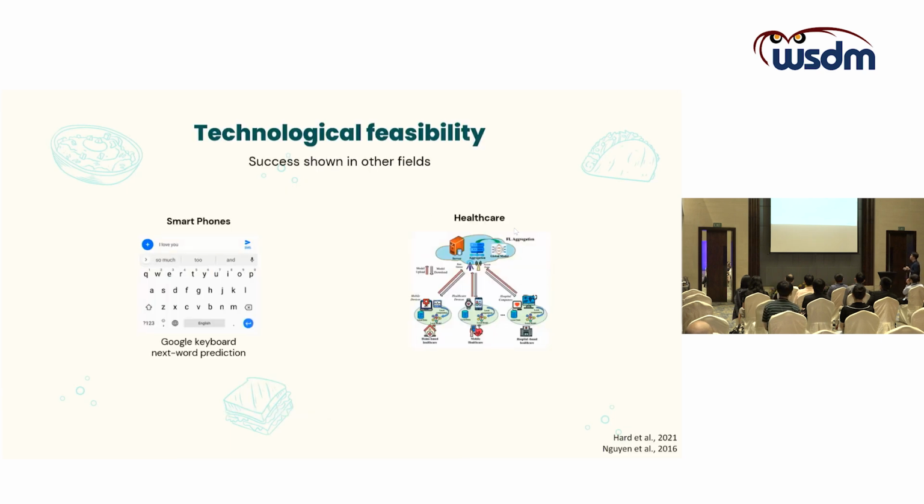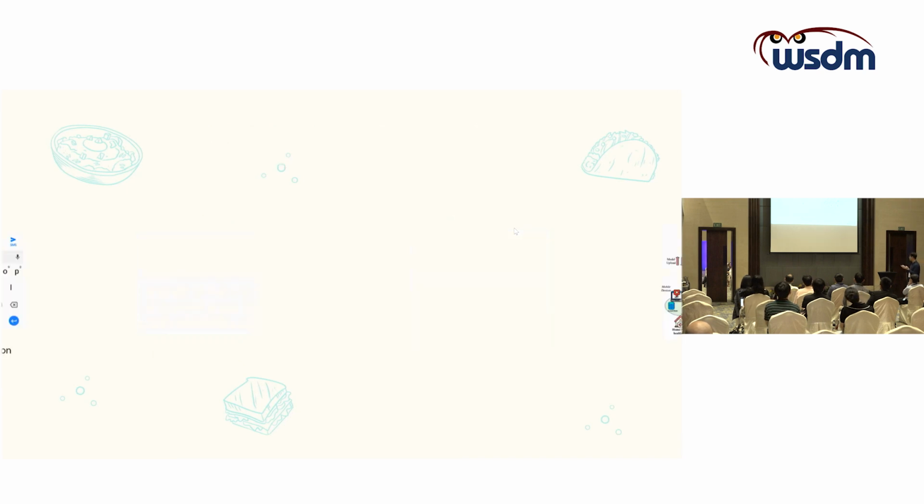And it has been proven to be useful in several other fields. More commonly known, Google Keyboard uses it for keyword prediction, and also in healthcare where data are very, very sensitive. They actually use federated learning to help improve certain AI use cases in healthcare.